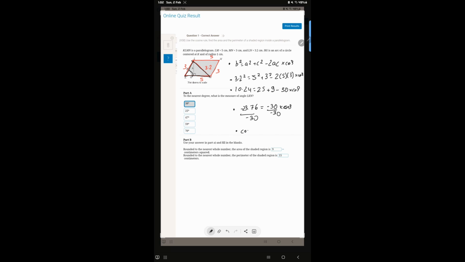You get cosine is equal to 0.792. What you do on the calculator is shift cosine 0.792, and that should give you 37.6. They want it to the nearest whole number, so 38.